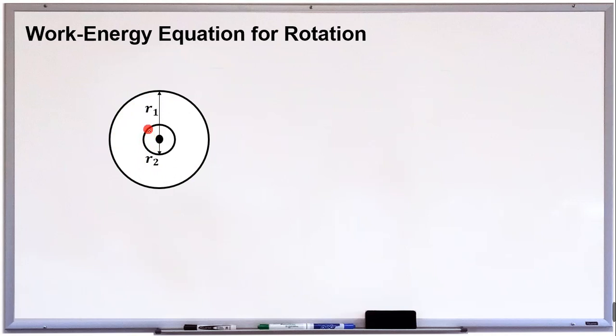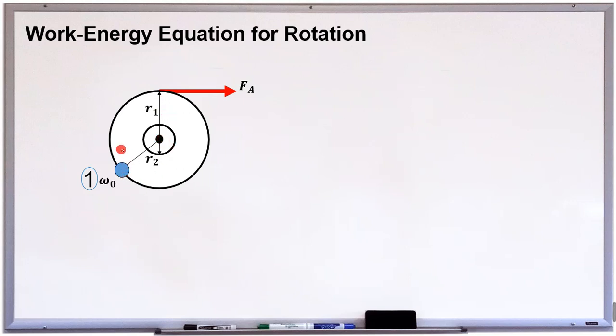Suppose this object rotates about the center of these two concentric circles, and let's say at the tip of this object we have an applied force Fa. So the moment arm of this applied force is equal to r1. This force will of course produce a moment, and that moment will generate a rotation.